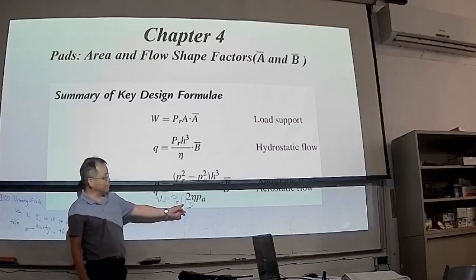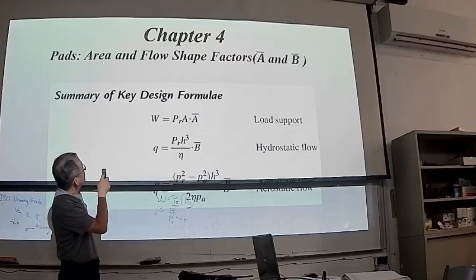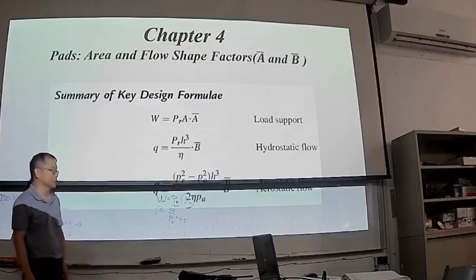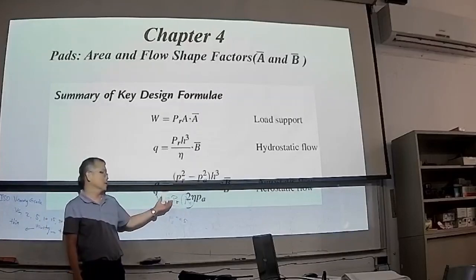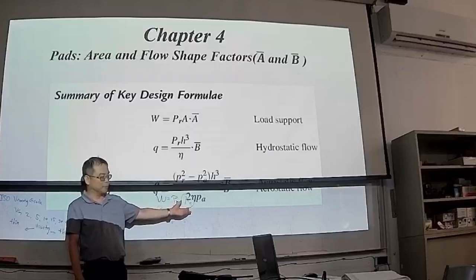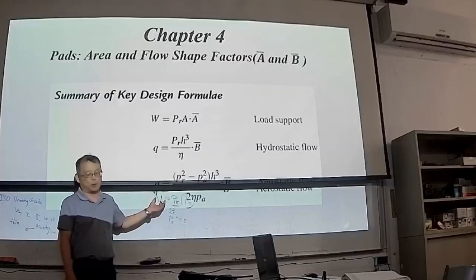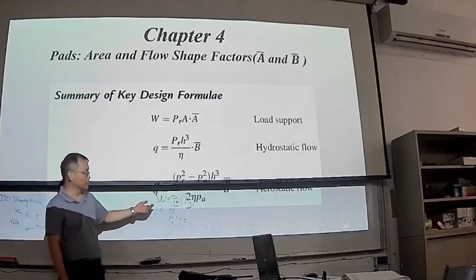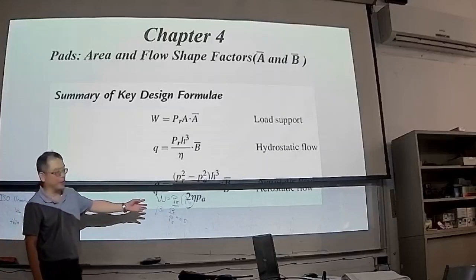In this chapter, we are going to tell you how you can calculate the bearing pad area. Using this formula, the PR multiplied by the equivalent bearing pad area, you can have the load capacity for your hydrostatic bearing. For instance, you have 4 bearing pads.